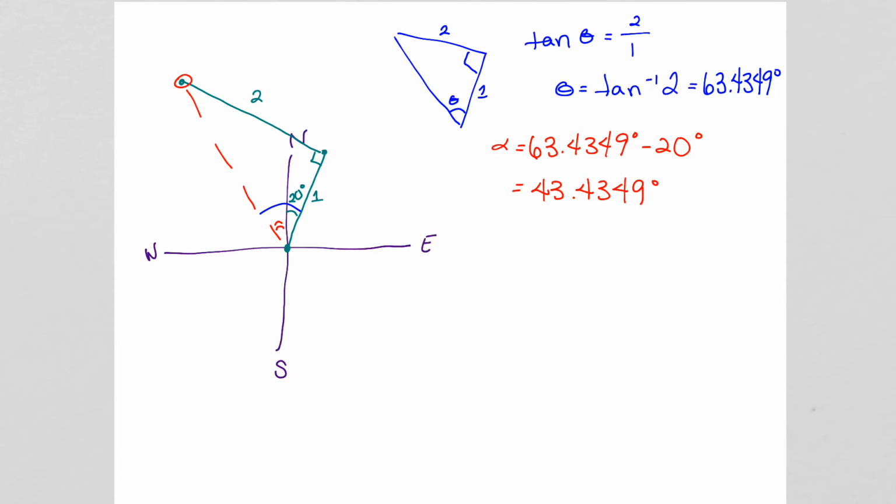And did it tell us how far to go? We're just going to go to 2 decimal places. So that means our point, our airplane now, I can't really draw an airplane, there we go, is north 43.43 degrees in the west direction. And that concludes this section.